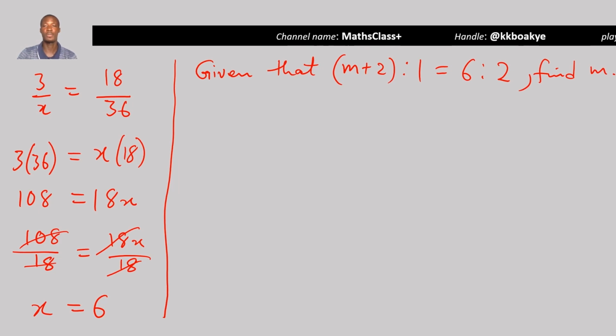So we have m plus 2 over 1, and that is equal to 6 over 2.